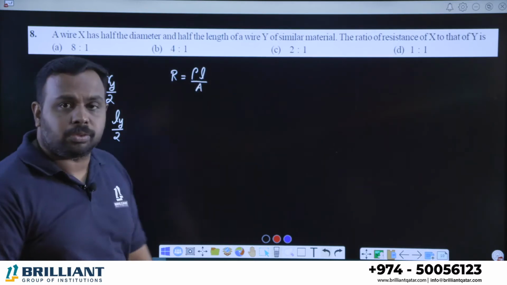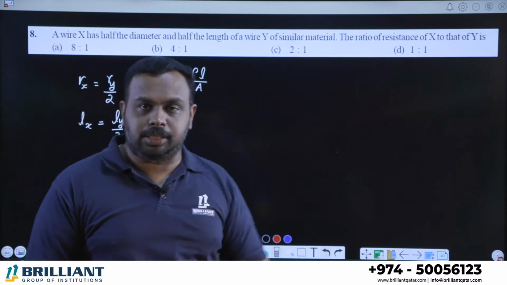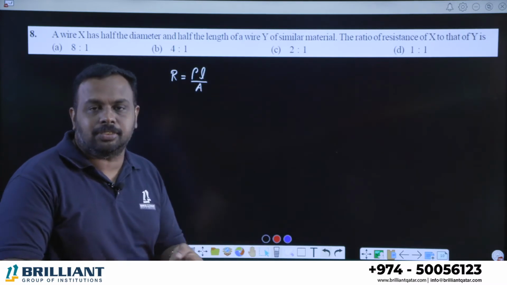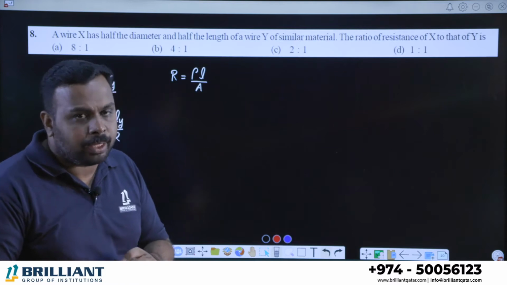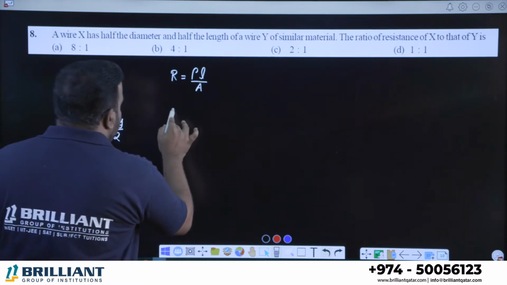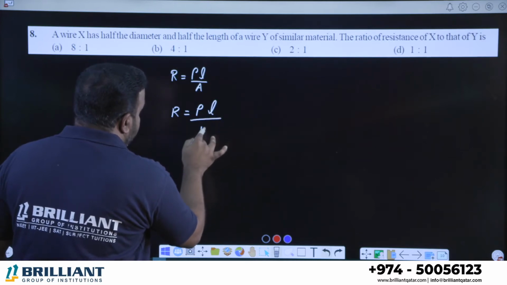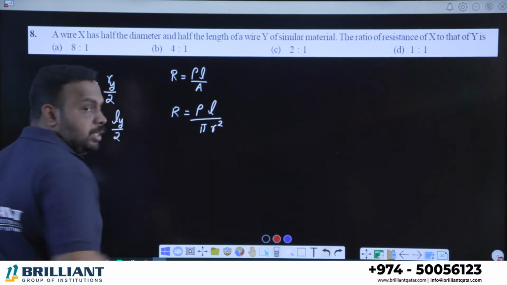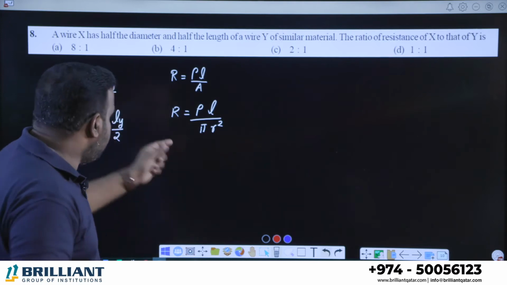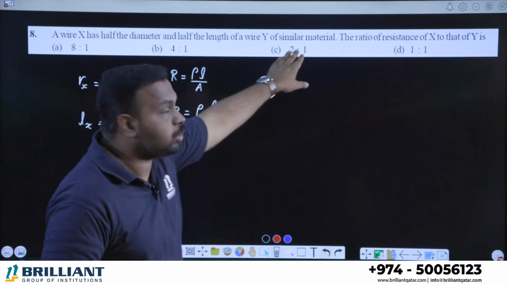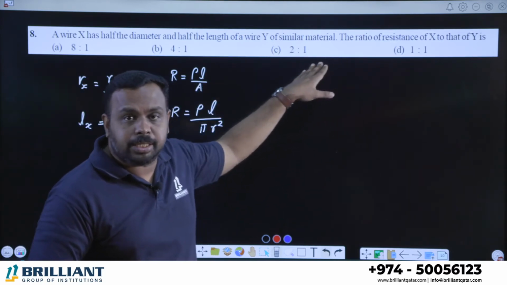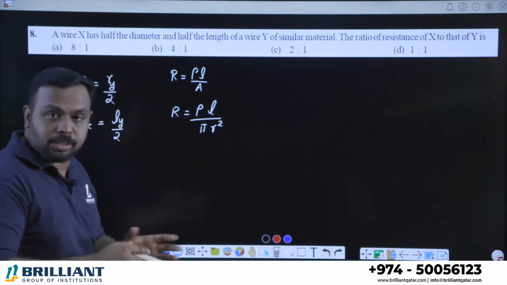This is the equation for resistance, where rho is the resistivity, L is the length, and A is the area of cross section. So substitute R is equal to rho L by A, where the area is pi R square. Since both are made of the same material, rho will be the same.